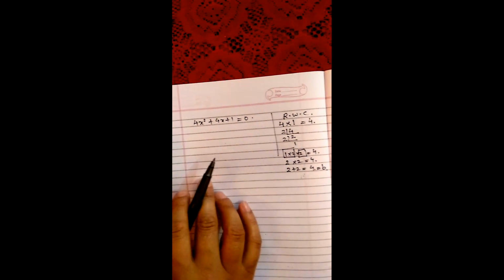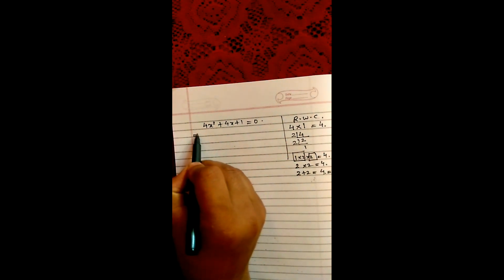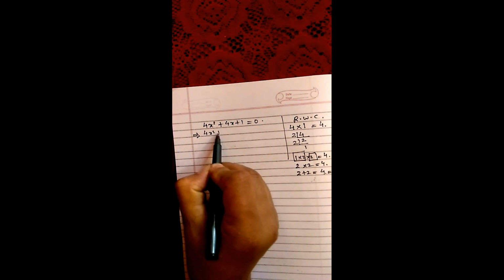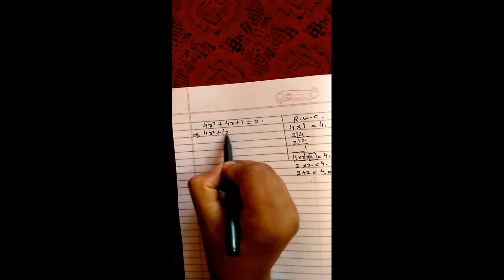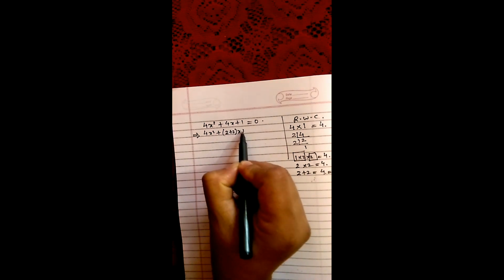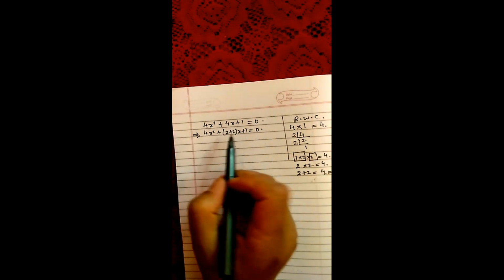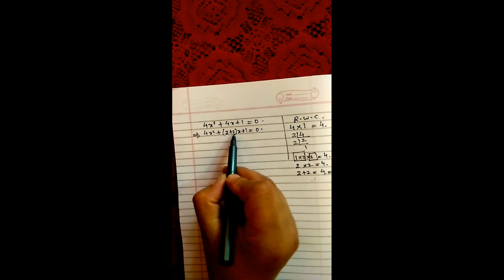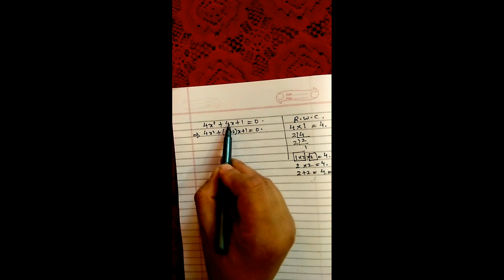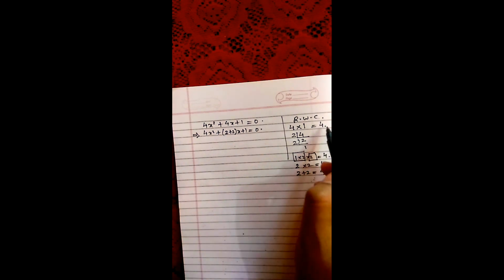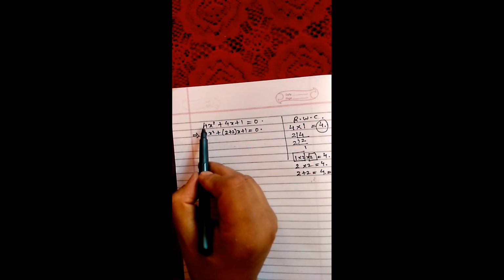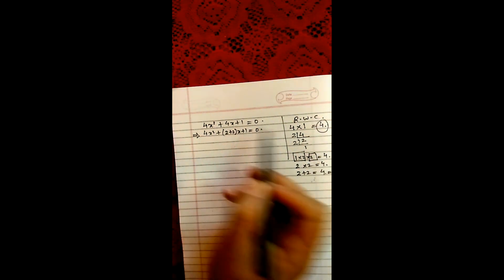So now in this quadratic equation, we can write 4x square plus, instead of 4, we can write (2 plus 2)x plus 1 is equal to 0. Remember, I have taken 2 plus 2 because 2 plus 2 will not only give me 4, but 2 into 2 will give me the product of a and c.